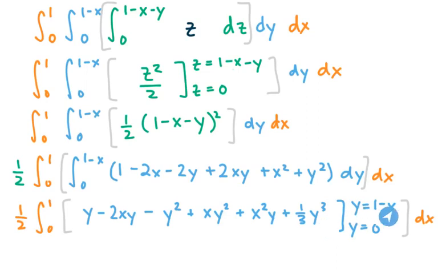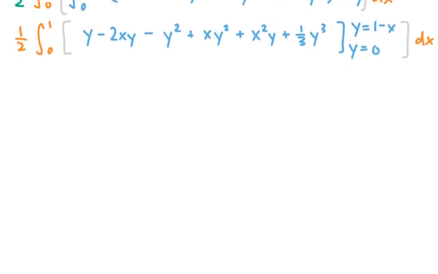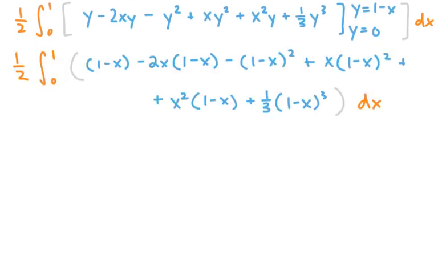So I've got y equals 1 minus x and y equals 0. With 0, we're lucky, all of these terms have a y, that's going to cancel out. But plugging in 1 minus x, that is some busy work algebra. So I'm just going to skip to the next step. So you can see here what that looks like when I plug 1 minus x in for each of these y terms.